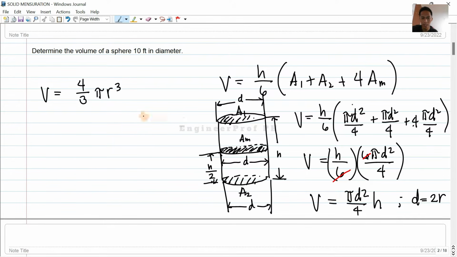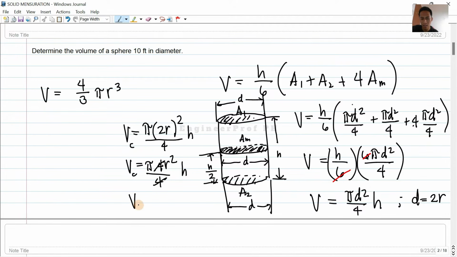So substitute that, and volume equals pi times quantity 2r squared over 4 times h. So we have volume of a cylinder equals pi times 4r squared, since 2r quantity squared is 4r squared, all over 4 times h. So the 4 will cancel out. It gives us volume of a cylinder equal to pi r squared times h.